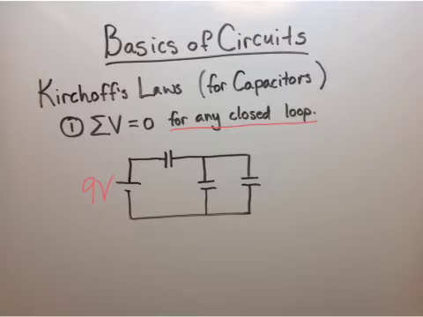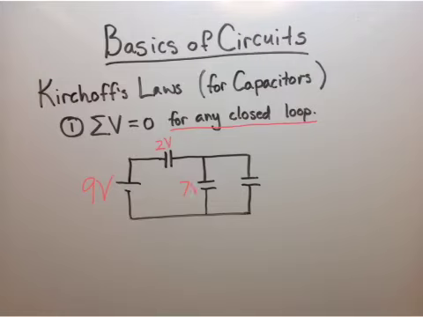Now, what that means is this: if the battery provides 9 volts, and let's say this capacitor happens to be using 2 volts, how exactly you would figure that out, we will talk about later in the unit. But if that's 2 volts, well then this next capacitor over here must be using 7 volts.